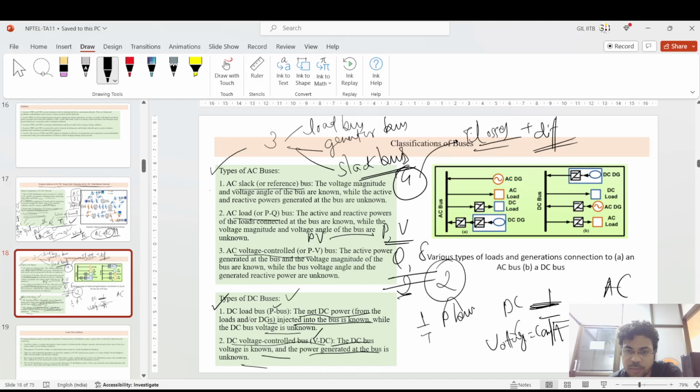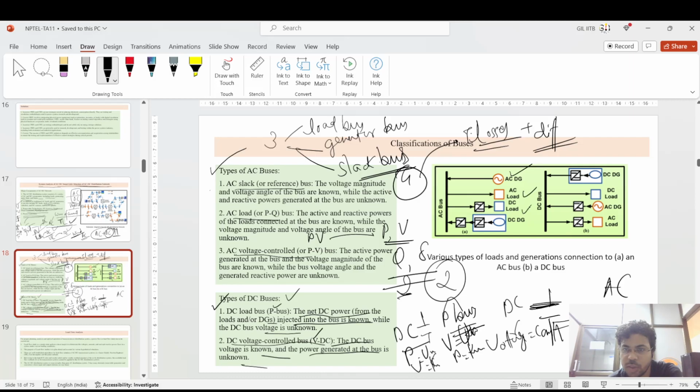So there are two concepts. In the DC load bus, that is the P bus, the DC voltage is unknown but P is known, how much power is to be generated. And second is the DC voltage control bus, at which P is unknown and V is known.